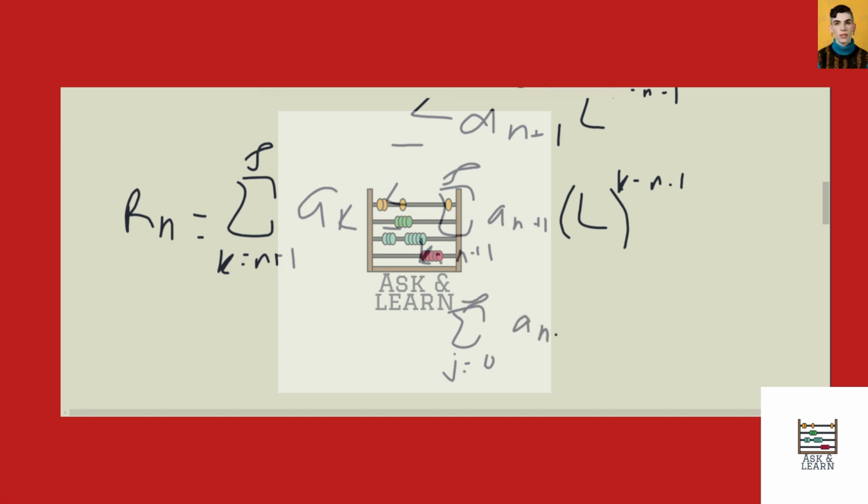Then we have a sub n plus 1, and if you plug in n plus 1, you'll see that the first term starts at j and then goes onwards to infinity, so it just becomes L to the j.